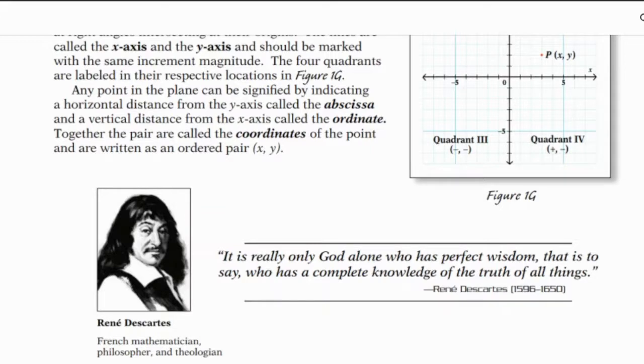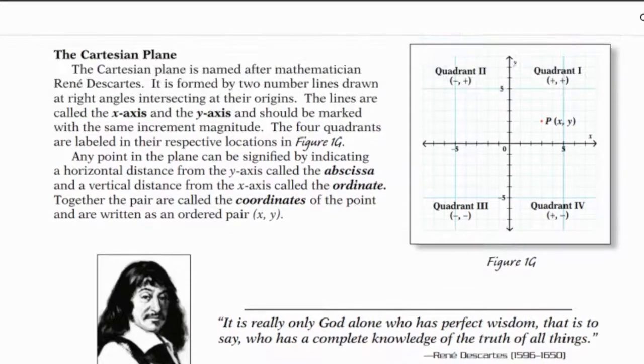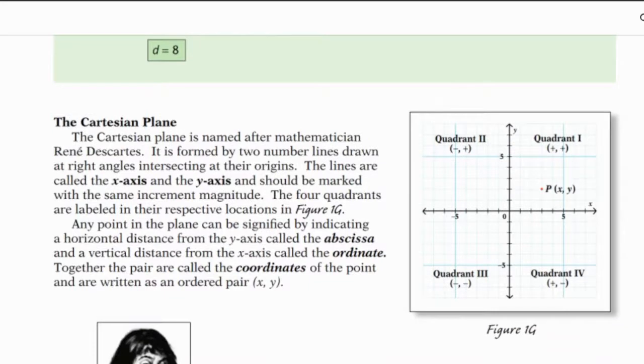And it's really cool to see somebody so smart, so intelligent, so wise, but ultimately surrendering to the fact that God is infinitely wiser than him. God knows all things. And so again, you're not going to find that in most textbooks, but René Descartes came up with the Cartesian plane. Now, they named it after him later, but he developed the idea of the Cartesian plane.